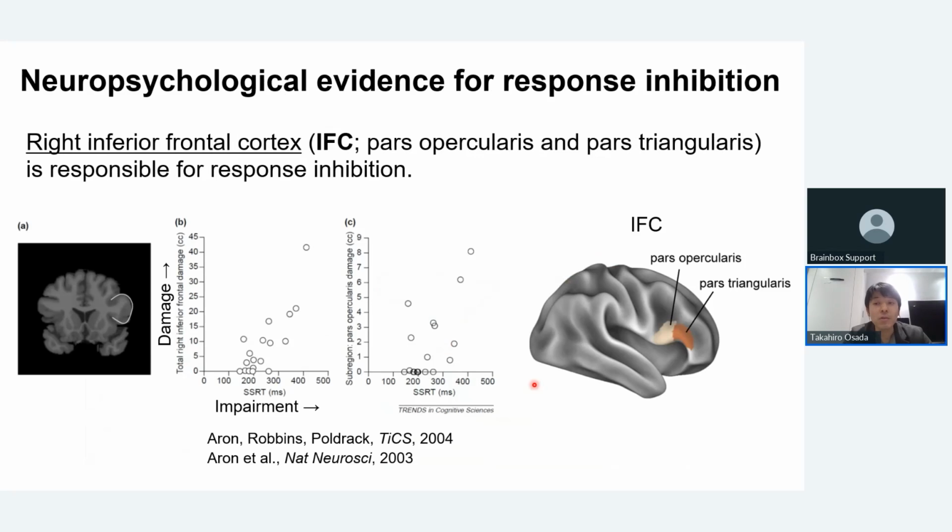Classically, based on neuropsychological evidence such as studies by Adam Aron and Trevor Robbins, the right inferior frontal cortex, IFC, is responsible for response inhibition. Damage to the pars opercularis and pars triangularis causes deficits in response inhibition.